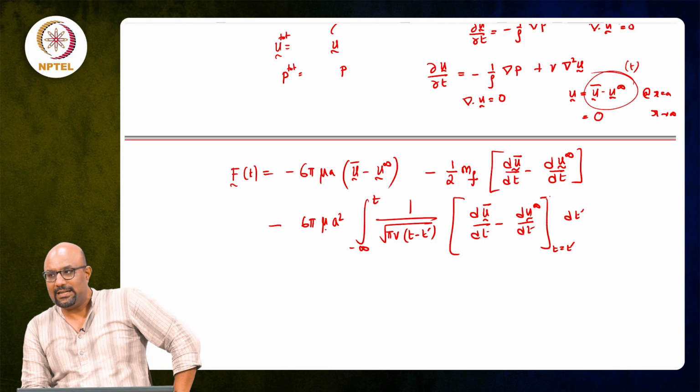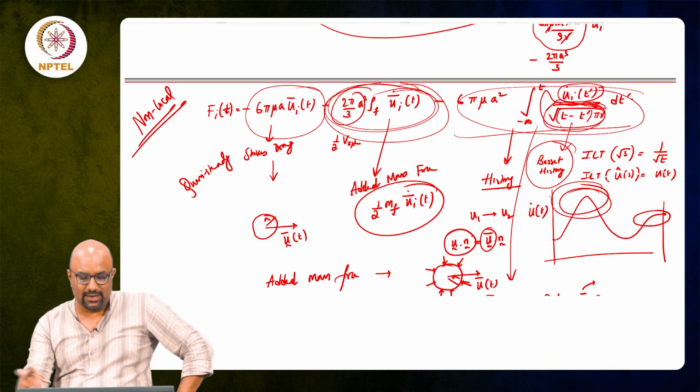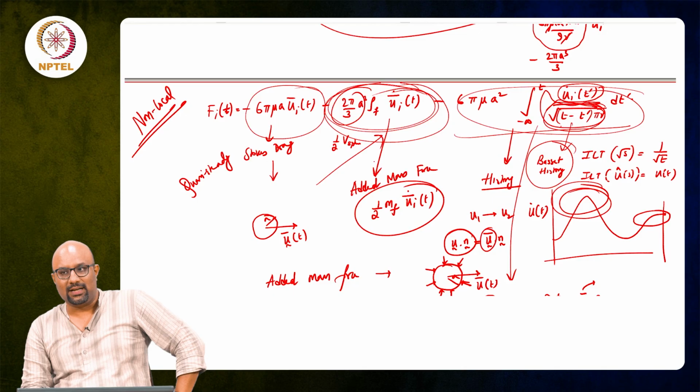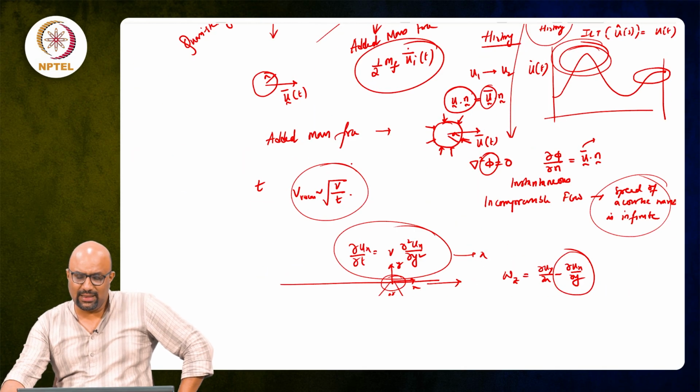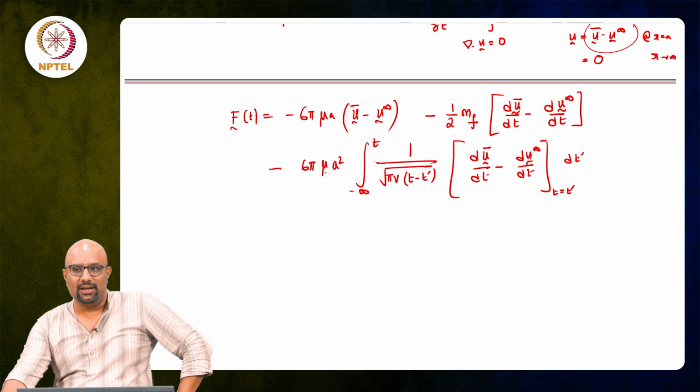Will you have anything else? I have just taken whatever was there before. This was the expression which we discussed with some detail in last lecture, and now I am saying that it is all written as a relative velocity or relative acceleration.